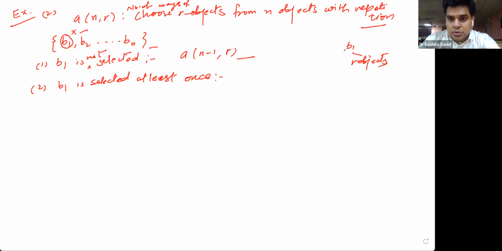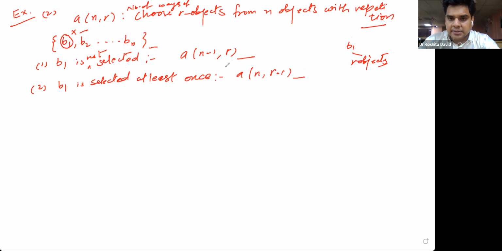So I will have to remove this b1 at least once from these r objects. So now we have r minus 1 objects to choose from those n objects. So there will be a_{n,r-1} ways to select b1 at least once.